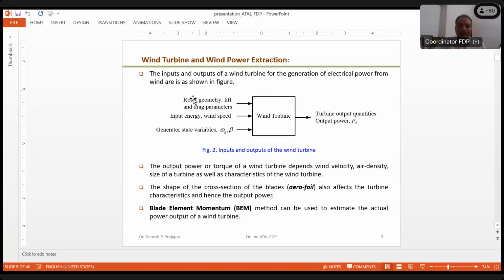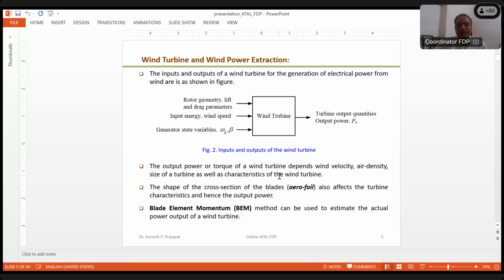That's why we usually say that the output power of a wind power generating system depends on the wind velocity, obviously, then air density, how dense the air is, then the size of the wind turbine, as well as the characteristics of the wind turbine. This is very much important.